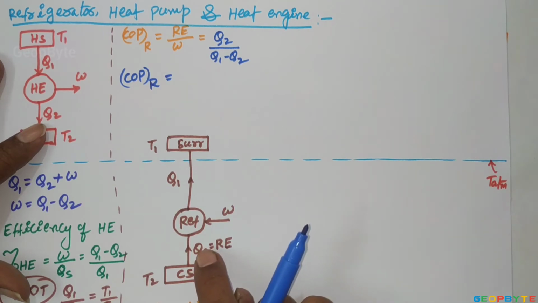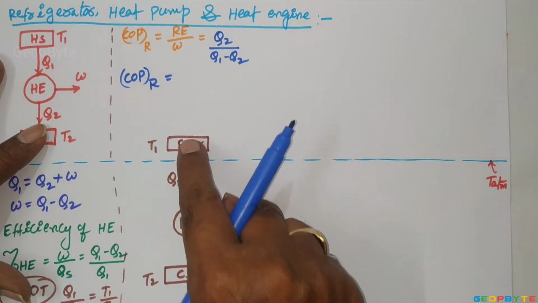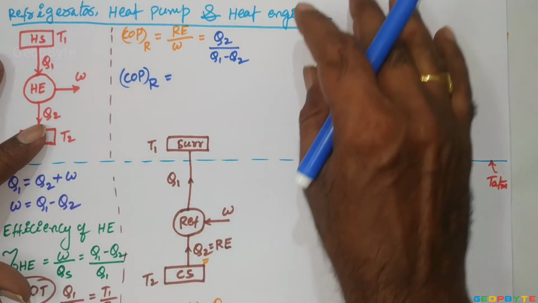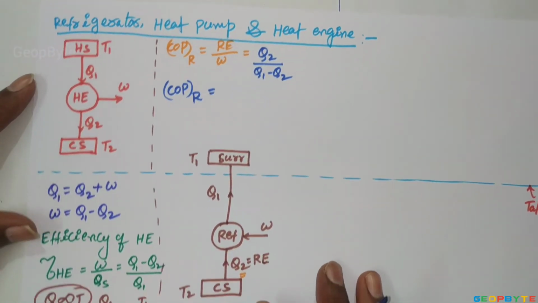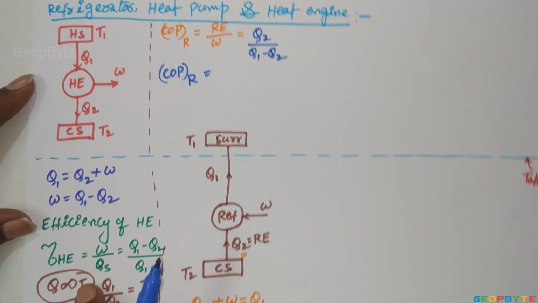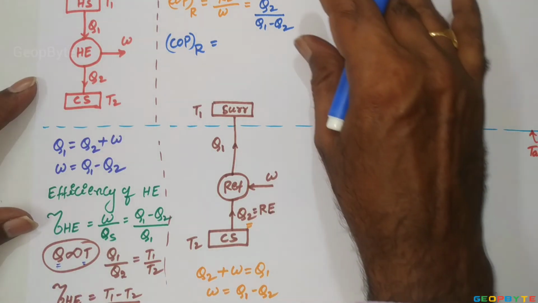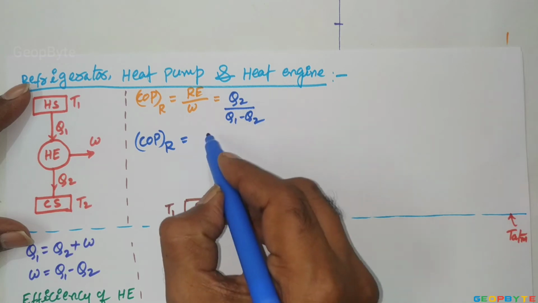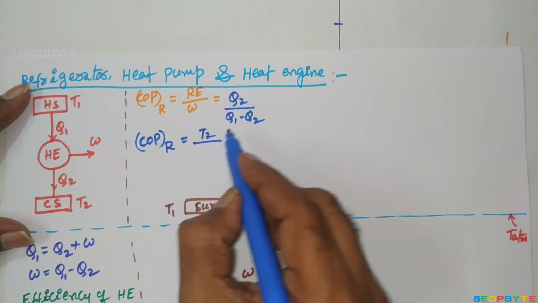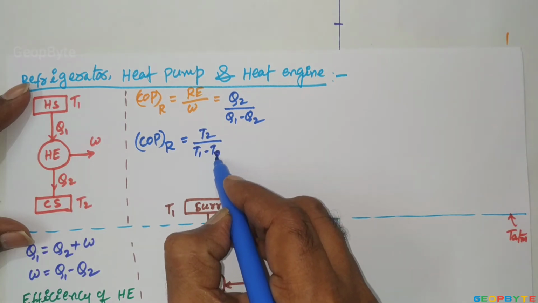Assume this refrigerator is also working with all reversible processes, and that too between two temperature limits only. For that kind of cycle, heat is always proportional to temperature. Since heat is proportional to temperature, Q2 is proportional to T2 and Q1 is proportional to T1, so COP equals T2 by T1 minus T2.